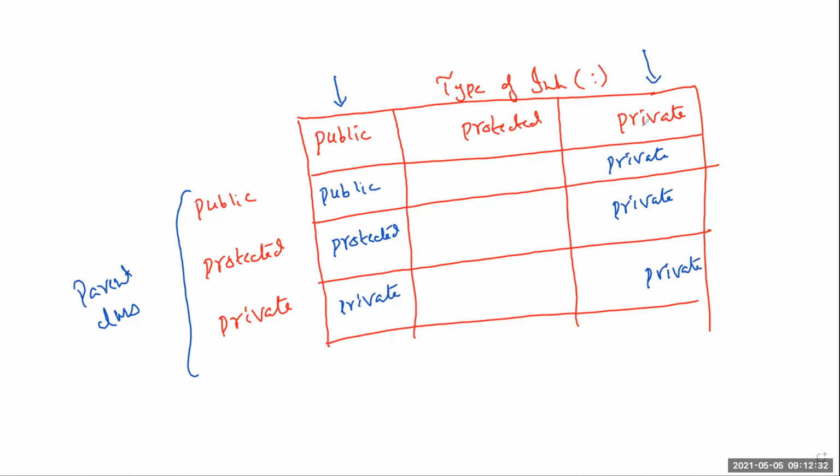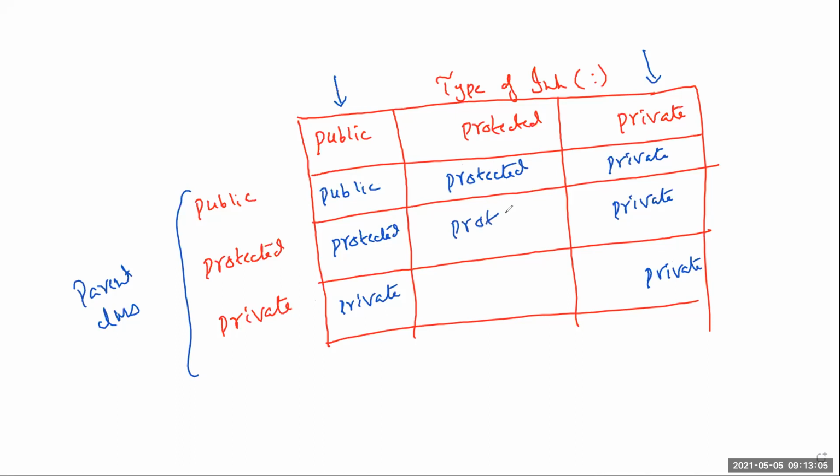So now you see, when the type of inheritance was private, anything which was public in the parent class becomes private in the child class. Protected also becomes private, and we already know that private always stays private. We cannot change it, right? And similarly, you can guess for the third one: if the type of inheritance is protected, which again is rare, since you are looking at everything through the eyes of protected, public will become protected.